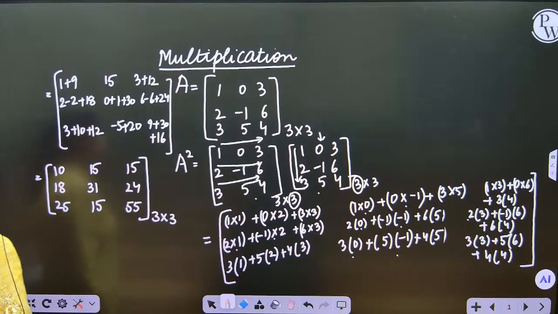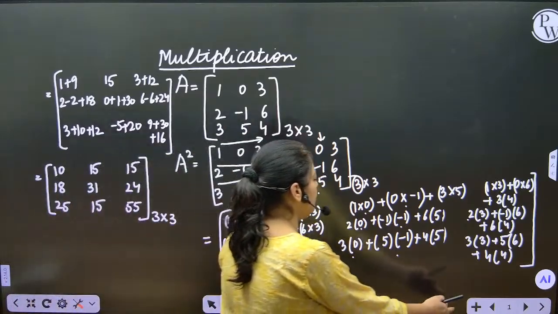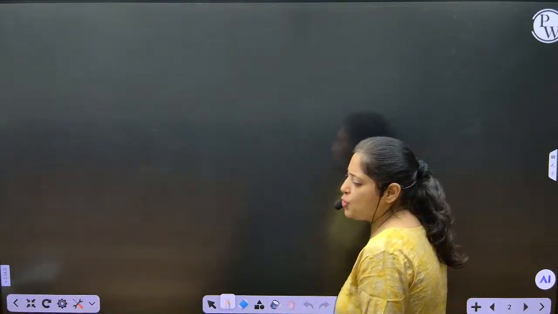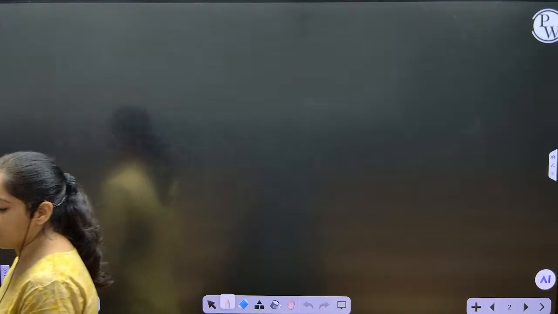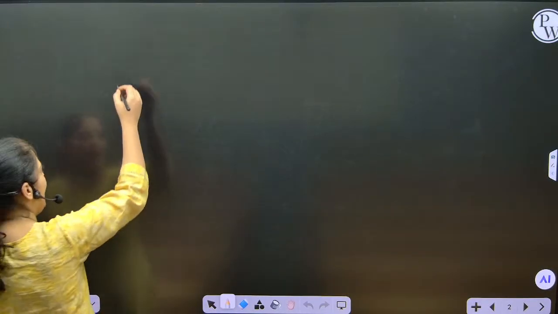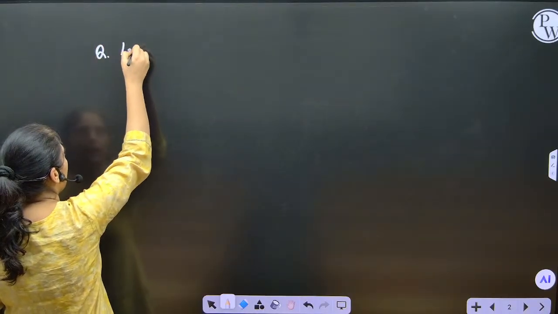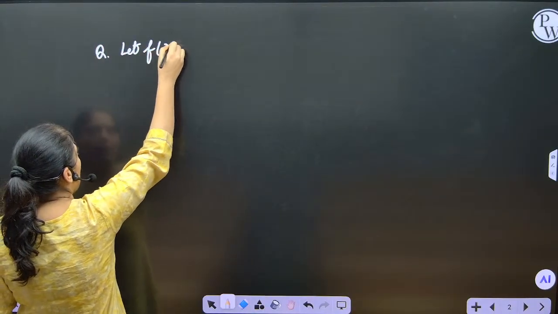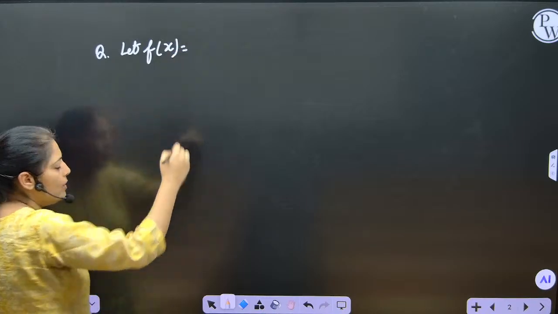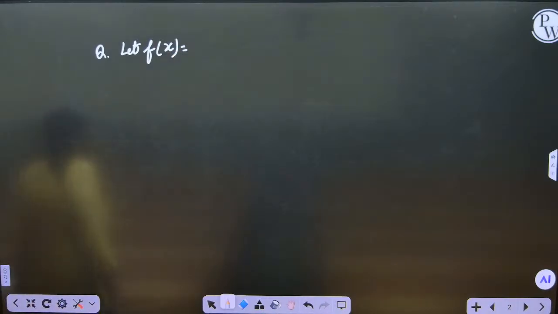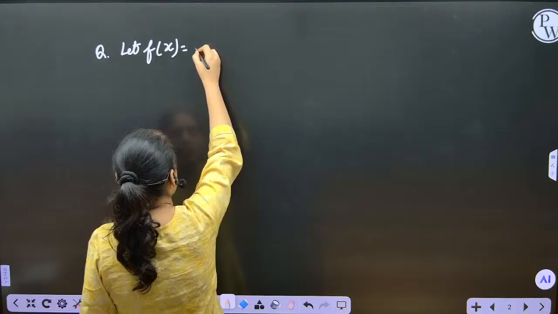All right. Now we'll proceed to the next question. Next question I will be doing on the basis of this only, but one question I am taking now. Let f of x equals, this is your material question, x square minus 5x plus 6.